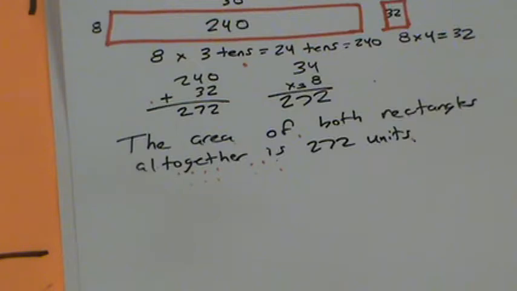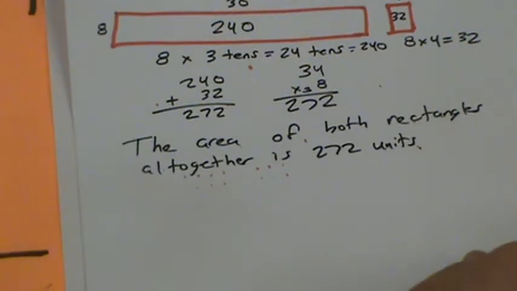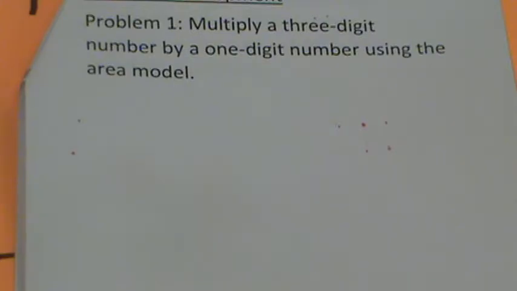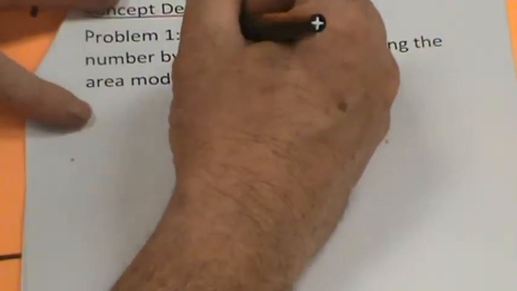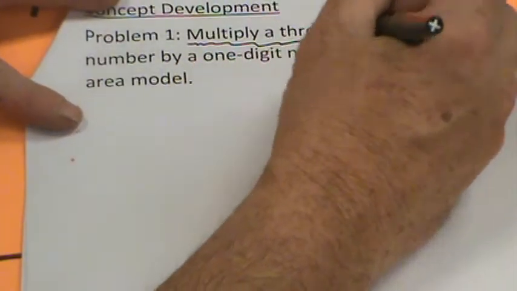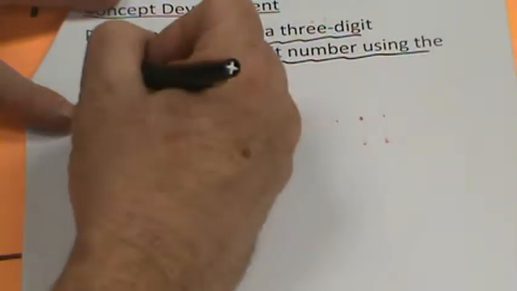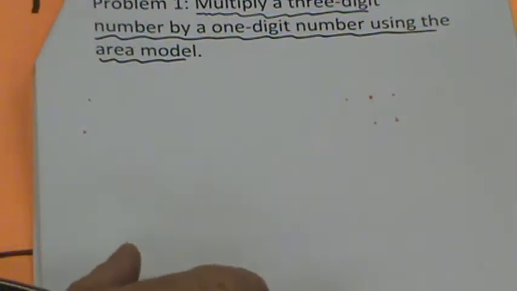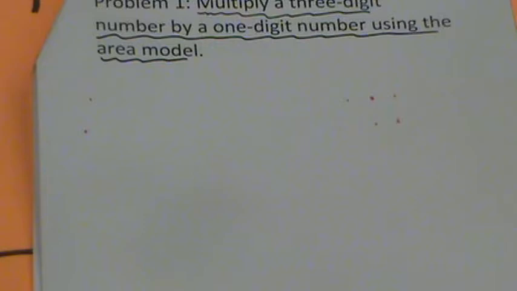So let's take a look at the area model. This is going to be new and exciting, I hope. And it says to multiply a 3-digit number by a 1-digit number using the area model. Okay, the area model is going to be a little new for us, all right? And that's okay.